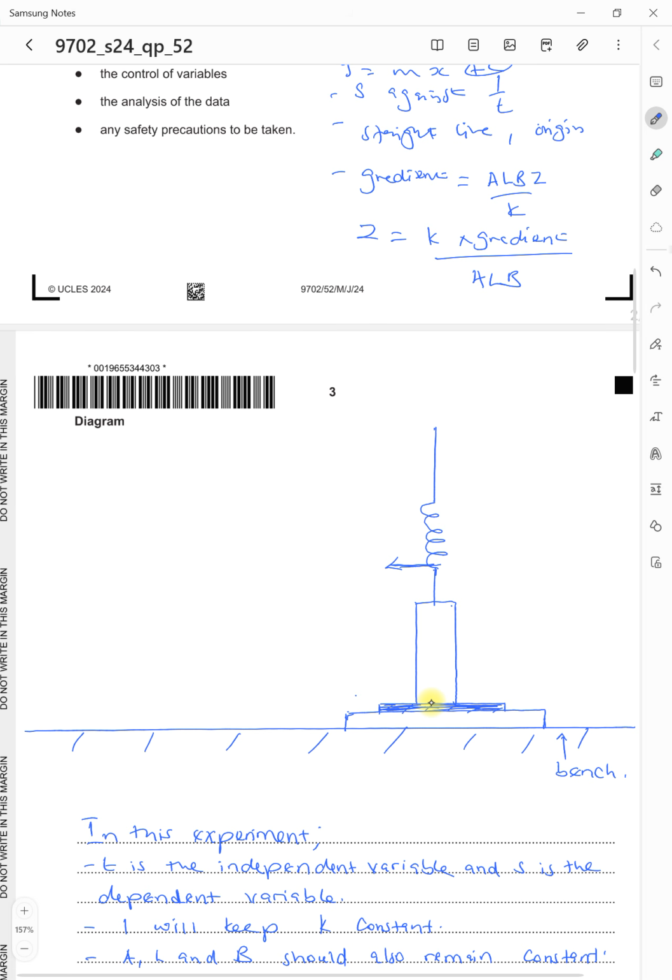Then I have to put a G clamp somewhere here. So whichever way you draw the G clamps, as long as you label them G clamps.